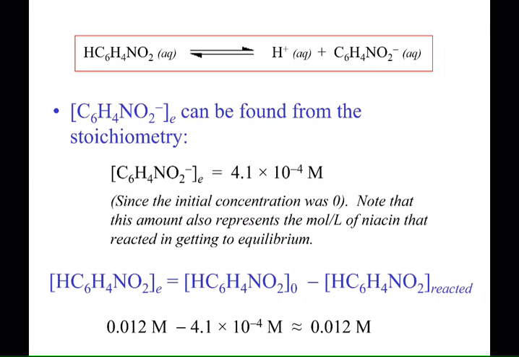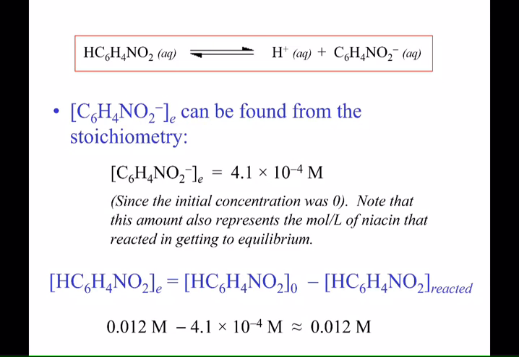And this is very common to have basically most of the weak acid, in this case the niacin, most of it stays unionized. So it only ionizes to a certain extent. Any questions about those? And then you're almost done.